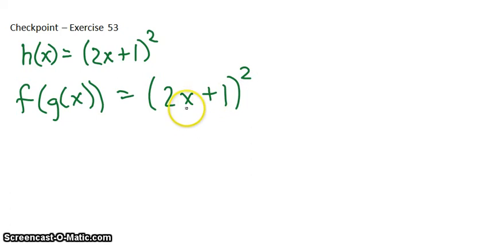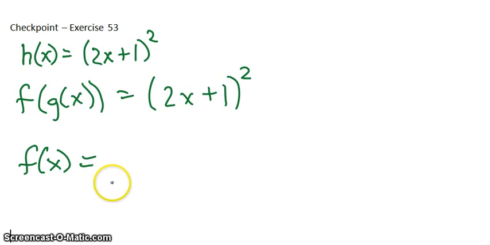And really, there's a lot of different answers that you could have for this. It doesn't matter which one you pick, but you have to ask yourself, this is the result of taking a function and plugging it in for x, for f of x. So we have to look at what the outside function could have been for this to work.